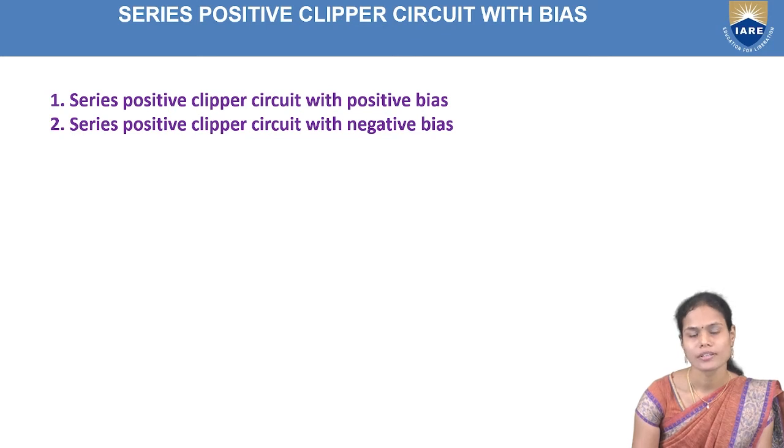Already we have the series positive clipper as well as the series negative clipper. In the series positive clipper, both the diode and resistor are in series, and along with the diode and resistor we need to add one more battery to make it a series positive clipper with positive bias as well as negative bias.